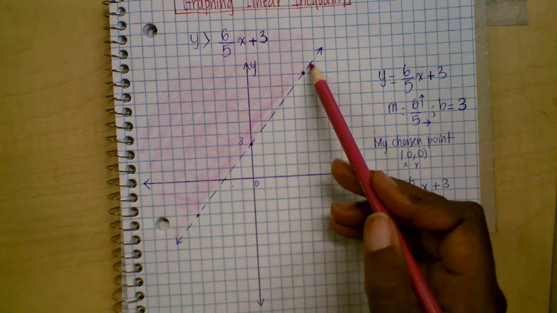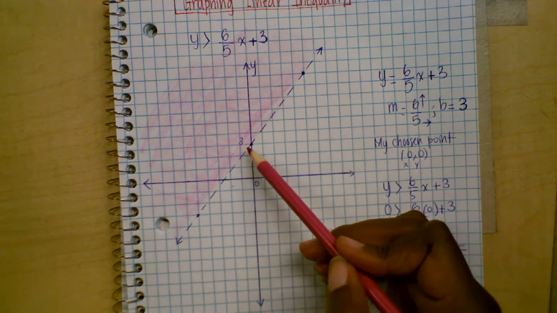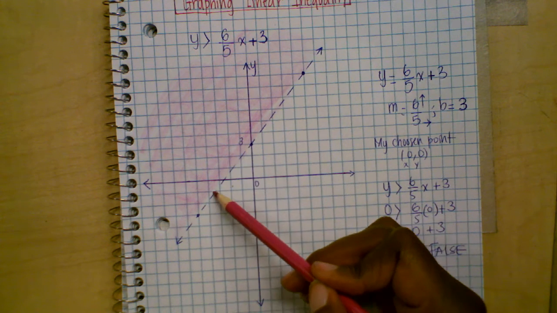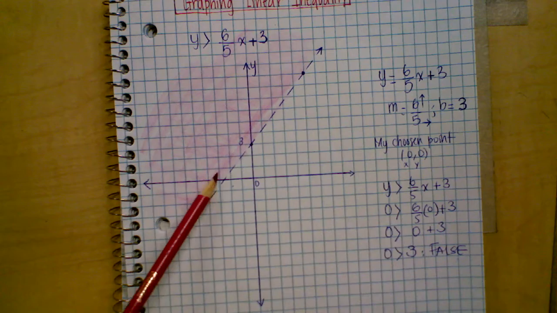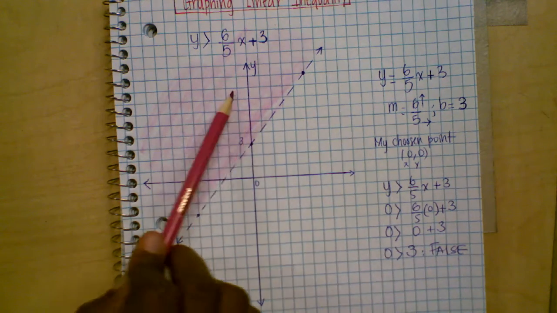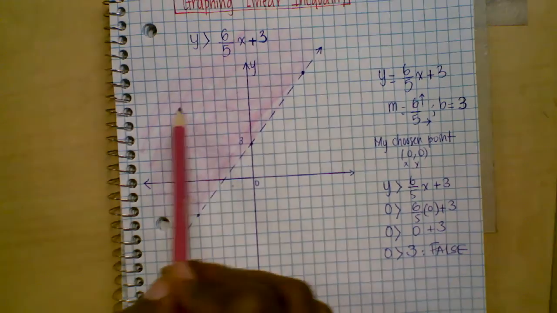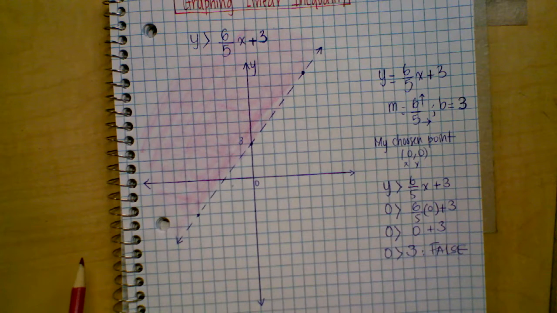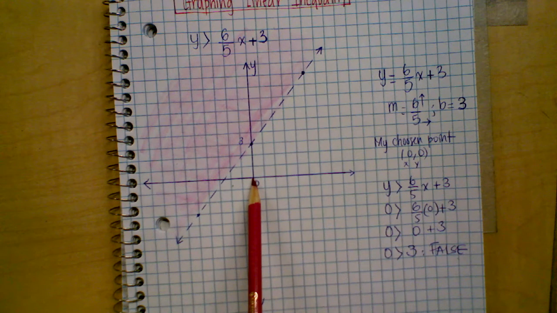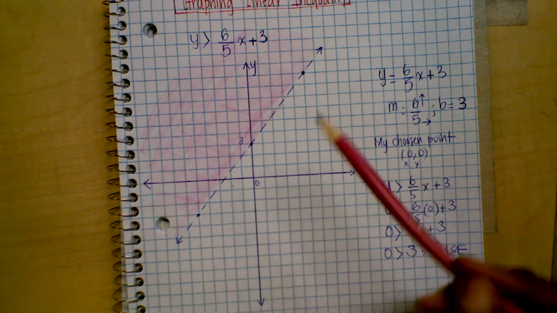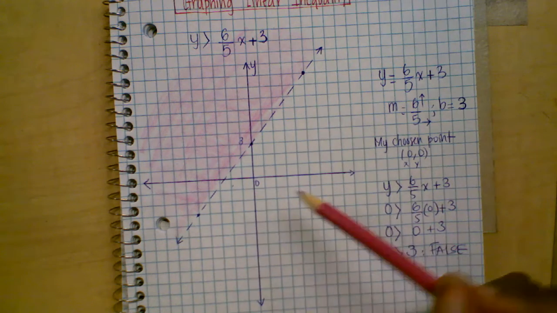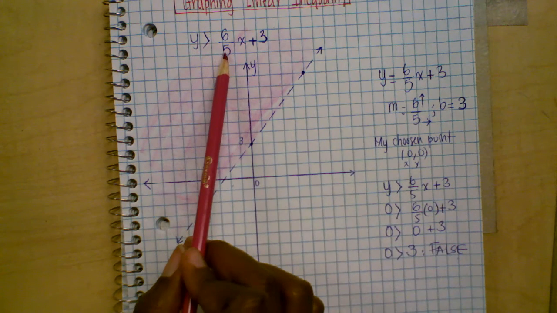But since you have a dash line, they have to be right here, above the line. Any ordered pair in this region will be a solution to the inequality. Is the point (0, 0) a solution to this inequality? No, it will never be true, because if you choose any point in that region, it will never make this inequality true.